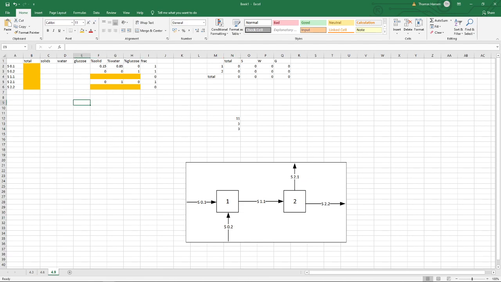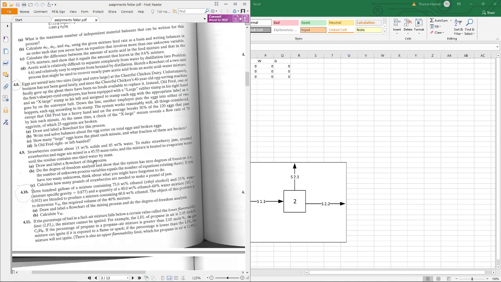But what I can do now is say that I'm given some extra information. I'm being told that the relation between S01 and S02 is 45/55, right? That information is given in the assignment right here, 45/55 mass ratio.